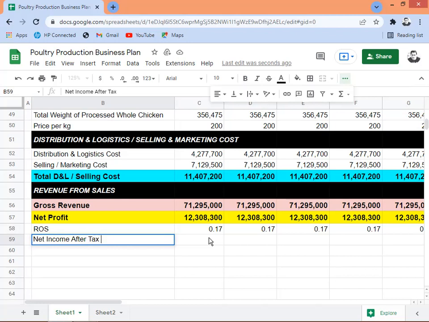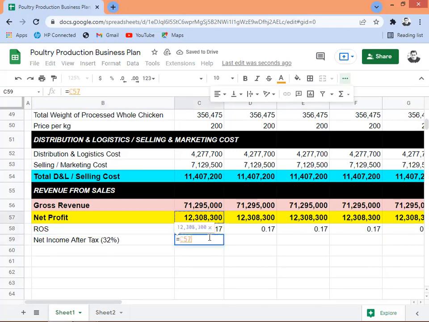Let's say your income tax is maybe 30%, or maybe 32%. Okay, let's just consider 32%. So your net profit times 0.68, because the deduction is 32%. So your profit is 68%.